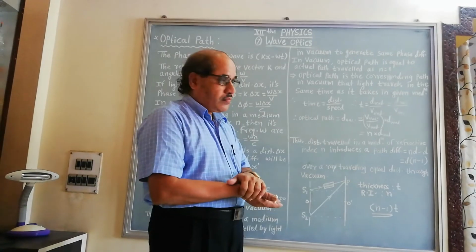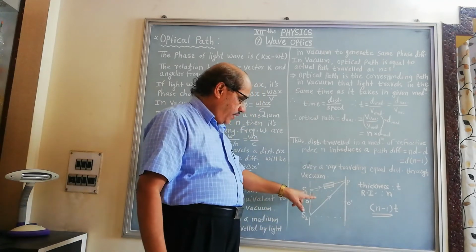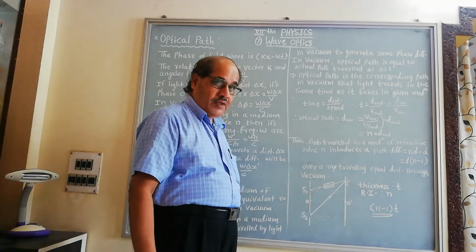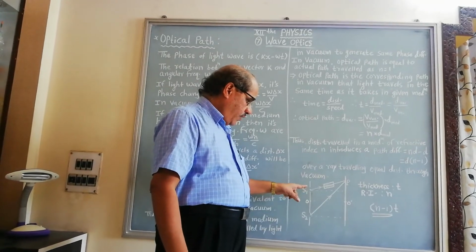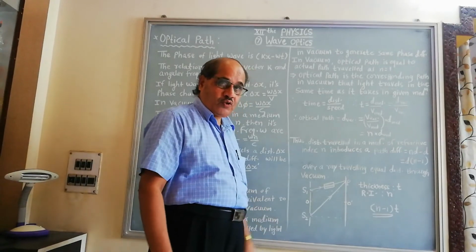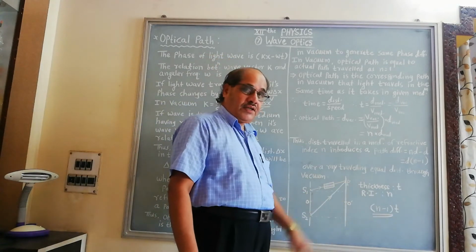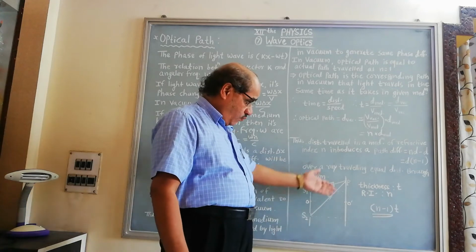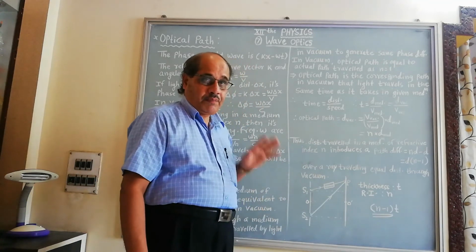Now we have this diagram. We have already seen this diagram in Young's double slit experiment. Here we have S1 and S2, two coherent sources or secondary sources, and this is the screen where we can see an interference pattern.